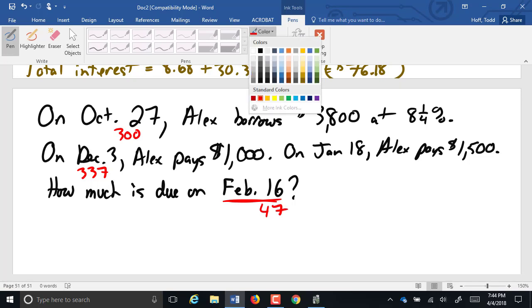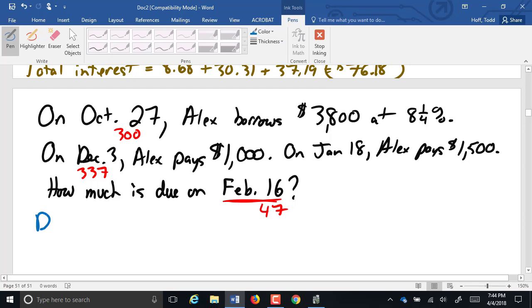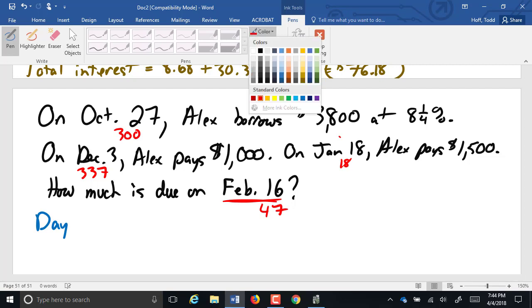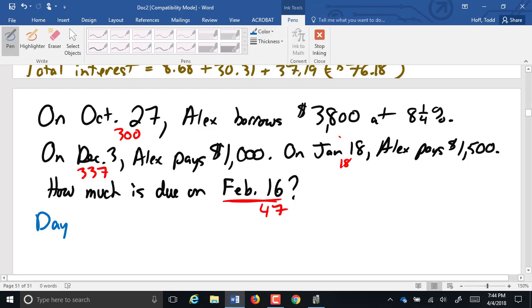Okay. So when is the first action? The first action on this account is day 37. How did I get that? Difference between those 2 days. And that is the $1,000 payment.